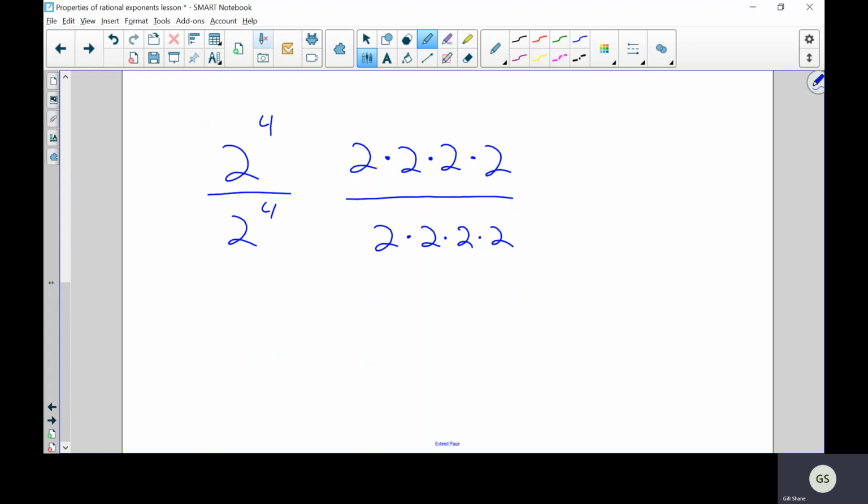There's multiplication, but really it's a division problem. It's still a fraction, right? Don't we still have a number on top? We've broken it out some, but it's still a number on top divided by a number on bottom. So what can I do? Any idea? Oh, it's not a big deal. I just want to see it. They got it in the last one. What can I do with those 2's?